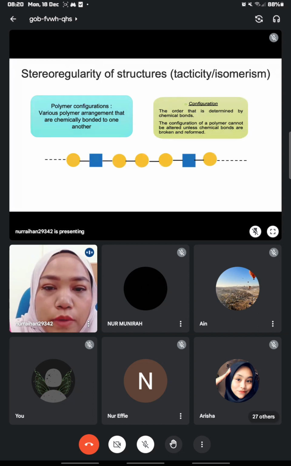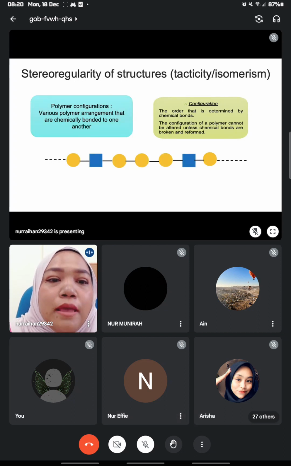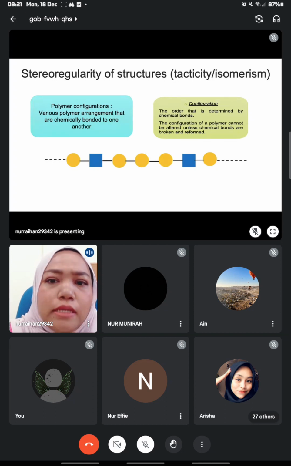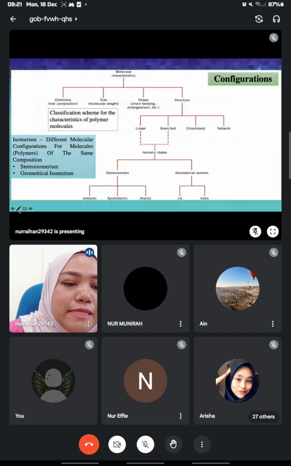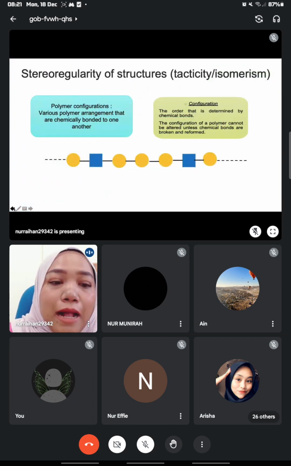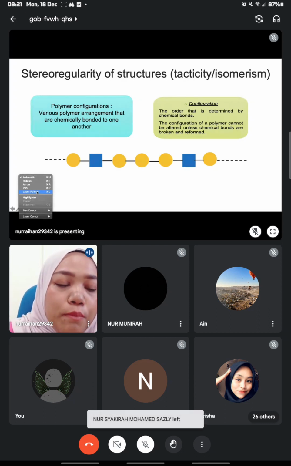Meanwhile, configuration is about the polymer arrangement, when they are chemically bonded to one another. For this configuration, the order is determined by the chemical bonds, and these chemical bonds cannot be altered unless you break the chemical bonding.